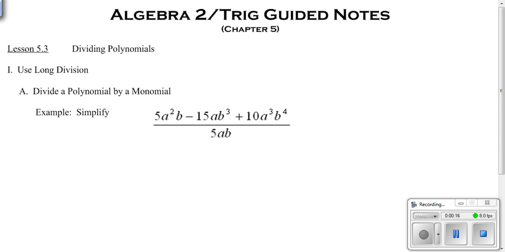Anytime that you have a division problem like what we have here, what you're dividing by, or the bottom number, is known as your divisor. And the one that is on top, or the one that is being divided, is your dividend.